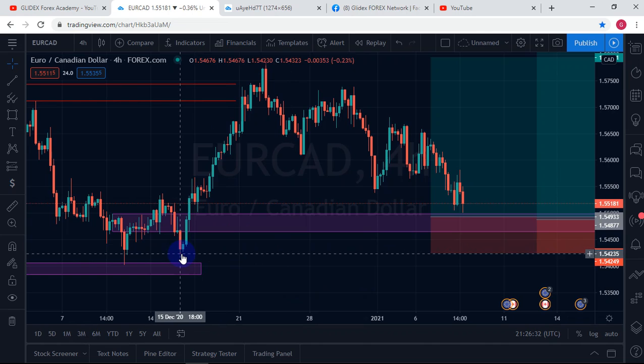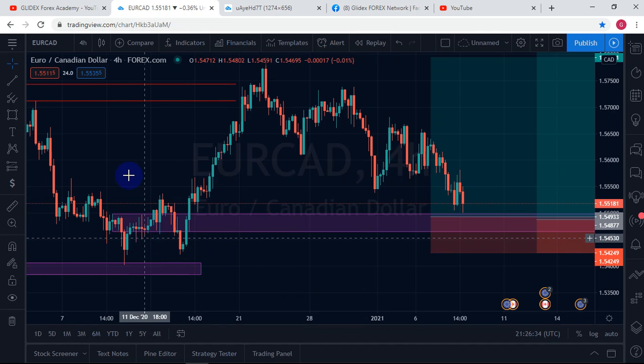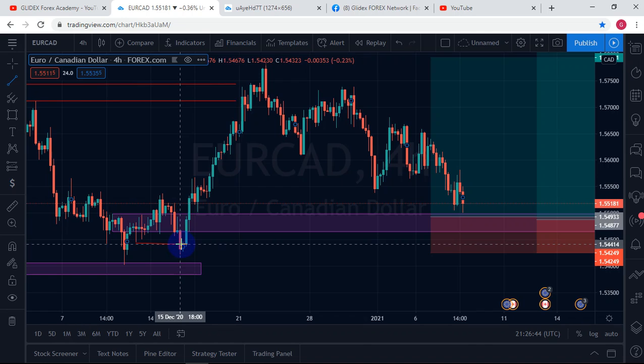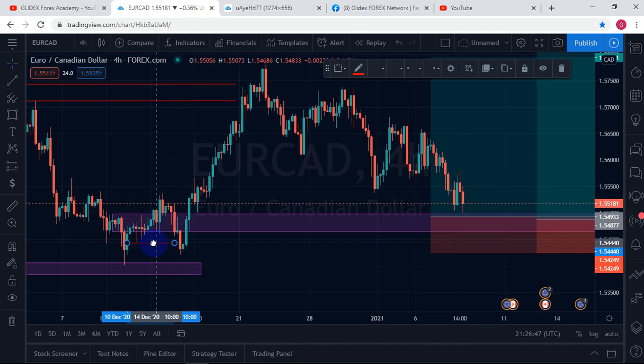Look at this bearish candle that took out this low. I'm just going to delineate it. Look at this low taken out by this candle, and it's just into the 50% of our order block.